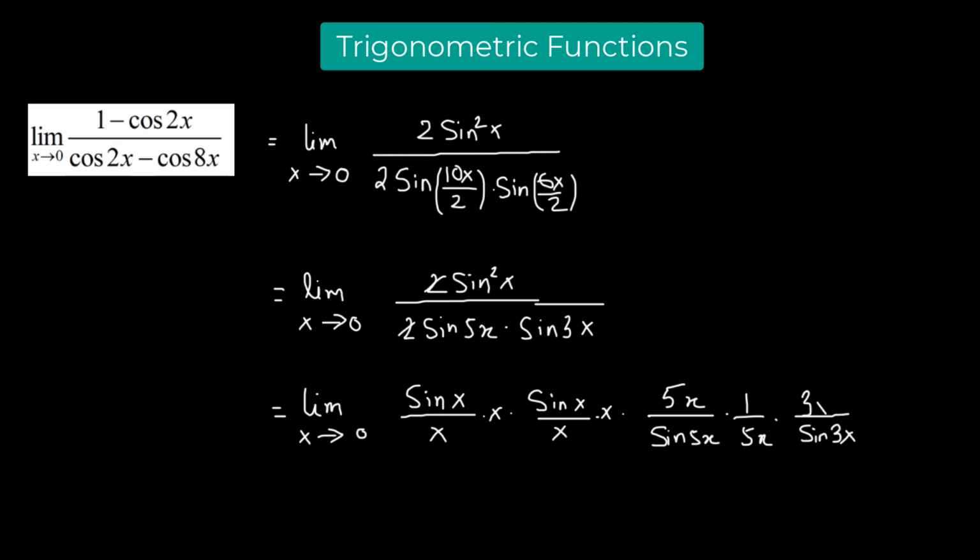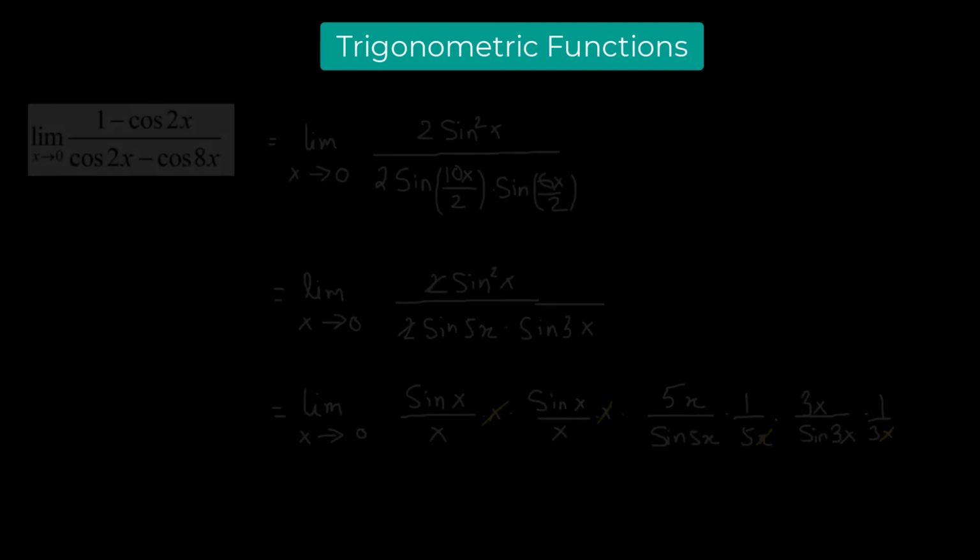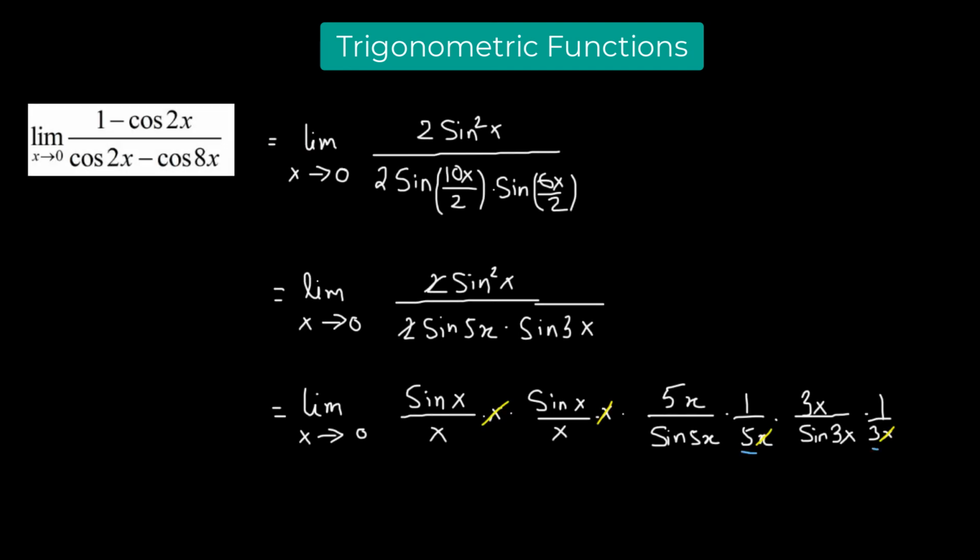So we multiply by 3x and divide by 3x. Now we can get rid of all the common terms. So the x and x will become x squared, so that cancels out the x from 5x and 3x. So this 5 and 3 get multiplied, and that leaves us with 1 over 15.